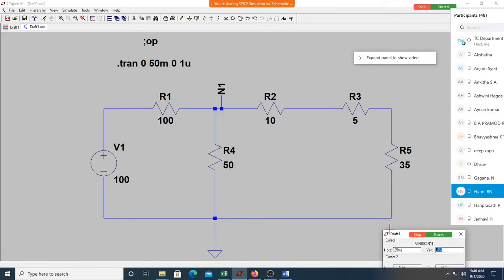In the next class we'll see how we do the diode characteristics. Maybe after another 2 to 3 classes we'll jump on to the actual AMCD stuff. So you have to prove that 100 volt is equal to this drop plus this drop, and whatever current flows through R1 is equal to this plus this, and whatever drop across R4 is equal to the drop across R2, R3 and R5.